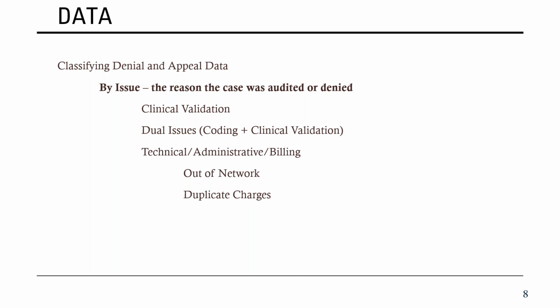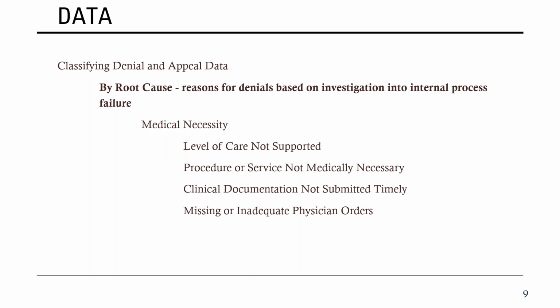So we've done by payer, by issue, and now let's talk about by root cause. The root cause is what failed internally at the hospital, on the billing side, on the documentation side, on the claim side, that caused that claim to deny. If you did everything correct and it still denied, then there is no root cause.